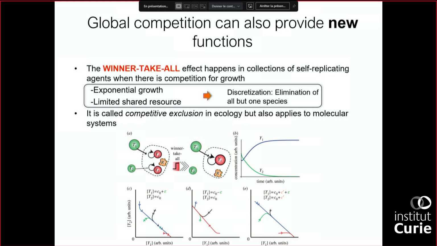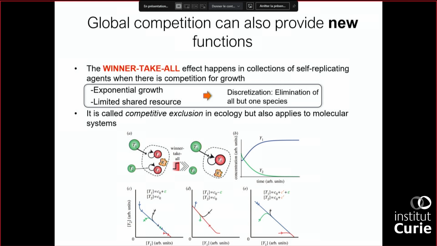But these global competitions can also provide a new function, and we worked a little bit on the idea of implementing winner-take-all networks. The winner-take-all is an effect that happens when you have a collection of self-replicating agents, so simple positive feedback loops, and they compete for growth. They want to replicate, but they all call on the same machine or the same building blocks in order to replicate. This is a mechanism that is well known in ecology.